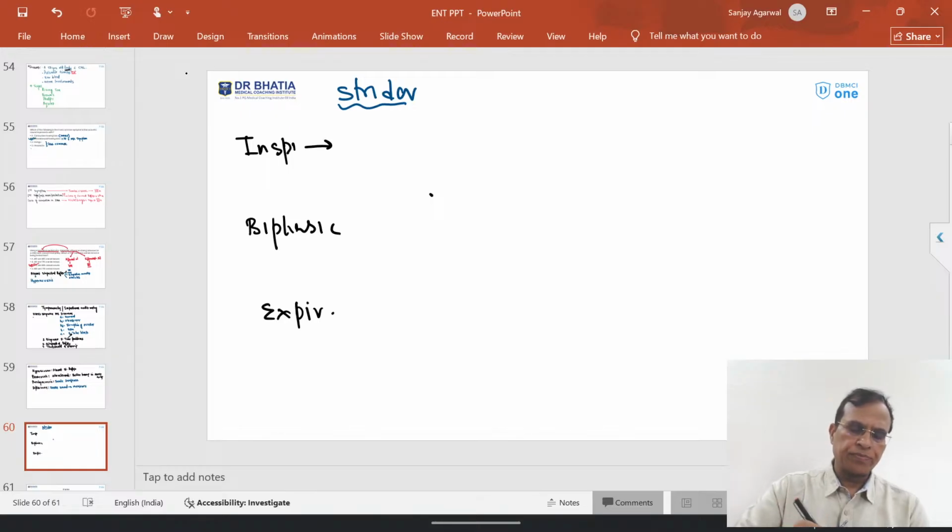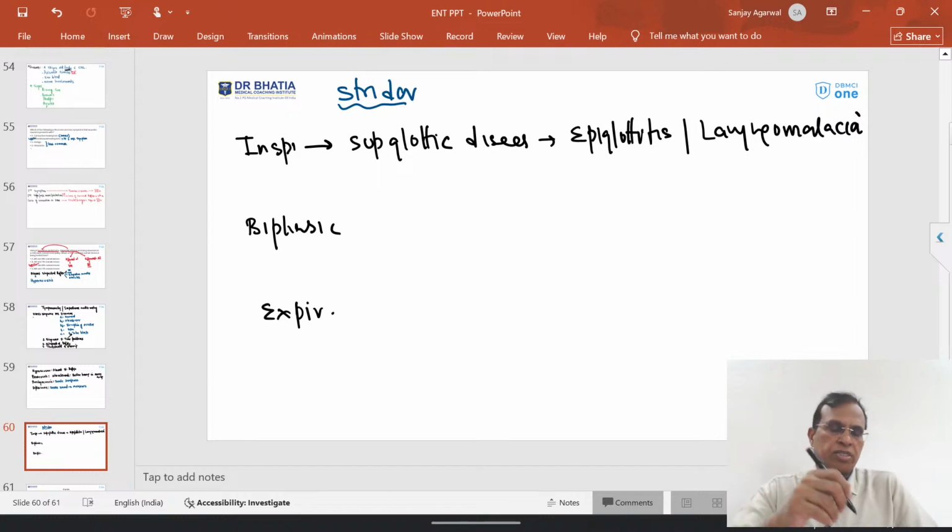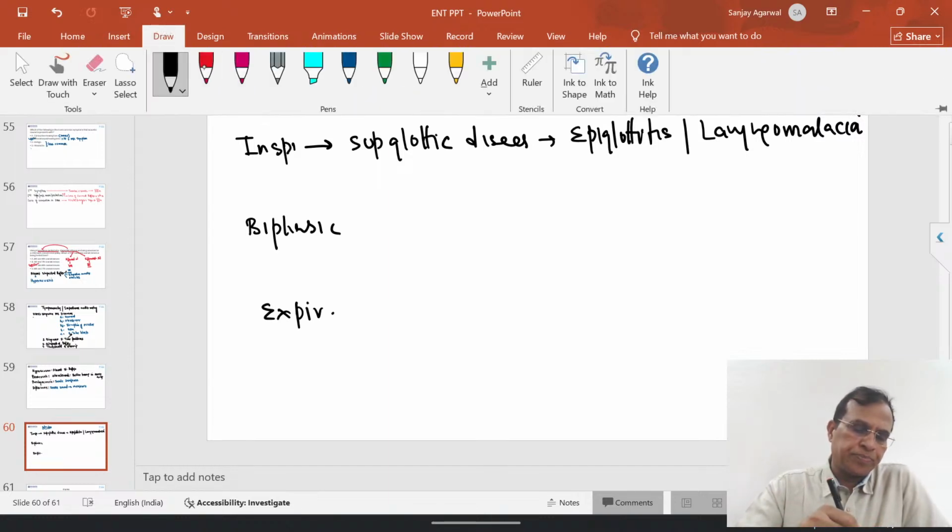Inspiratory stridor happens when there is a disease in the supraglottic. Examples: epiglottitis, example laryngomalacia. These are the 2 good examples of supraglottic disease causing inspiratory stridor.